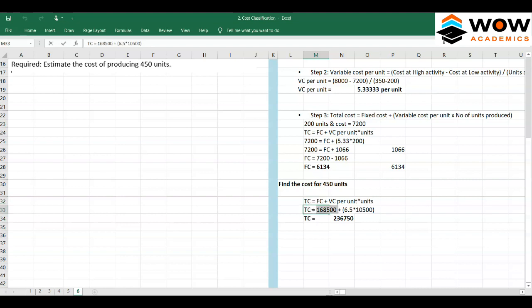So our fixed cost is 6134 and our variable cost is 5.33.